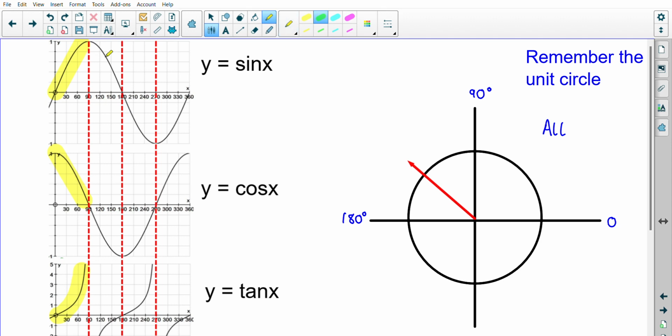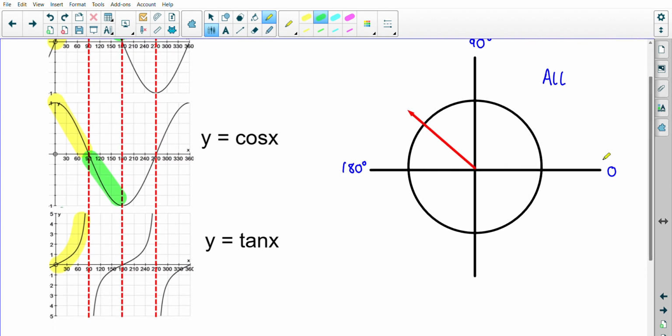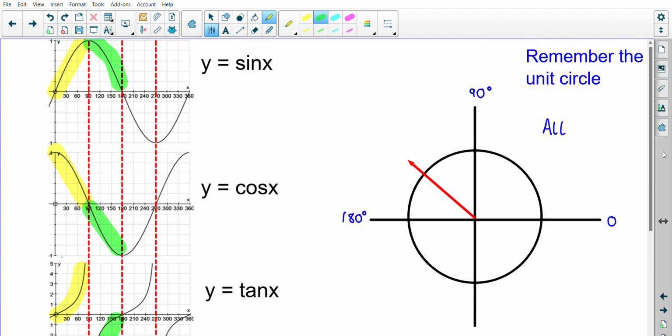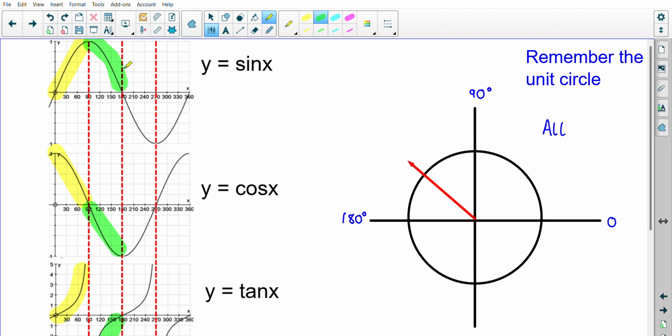So between 90 and 180 for sine, it's positive. Between 90 and 180 for cos, it's negative. It's now underneath the x-axis. And then for tan, between 90 and 180, it's negative. So the only graph that is positive between 90 and 180 is the sine graph. So I'll put sine here.